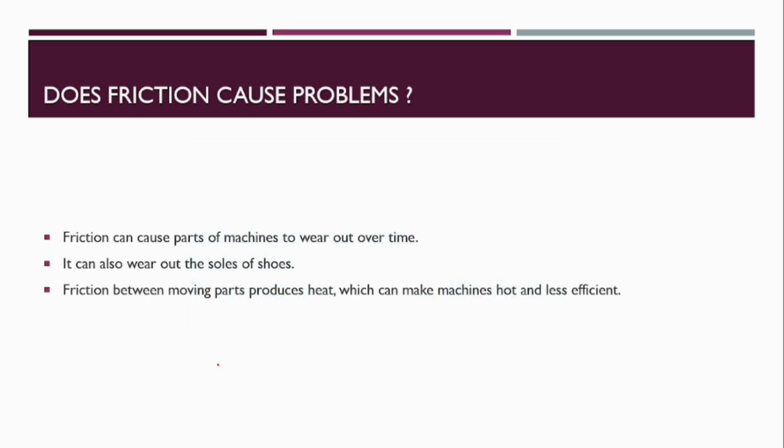Of course, there are some problems which are caused by friction. Friction can cause wearing out of our machines, and wearing out of the soles of our shoes. Friction is present in the moving parts of machines, it overheats the machines and produces heat, and this heat lessens the efficiency of the machines.